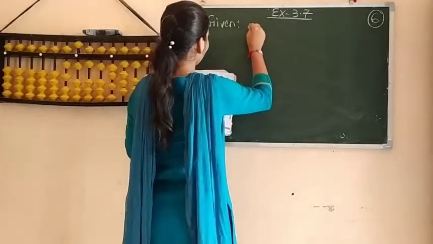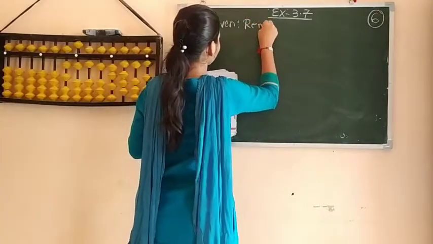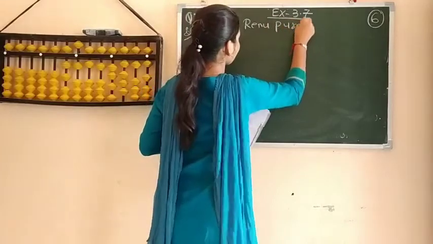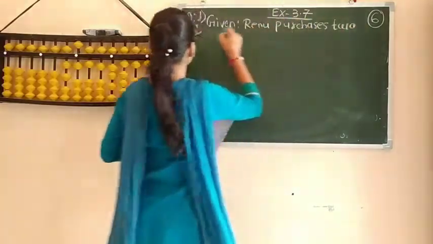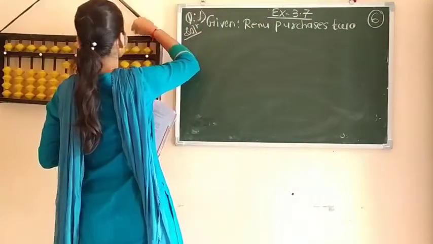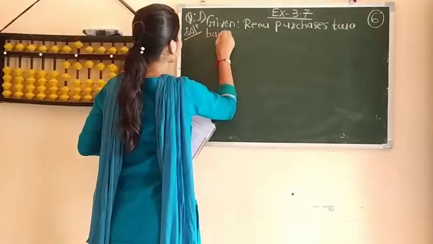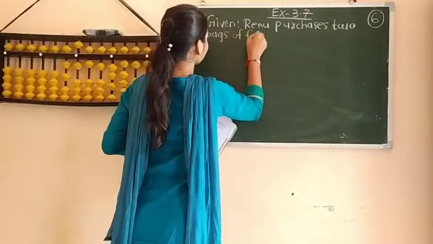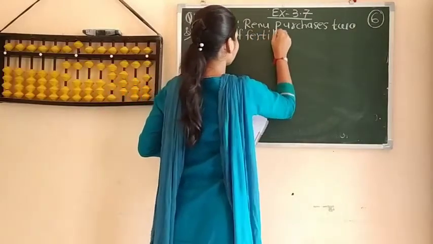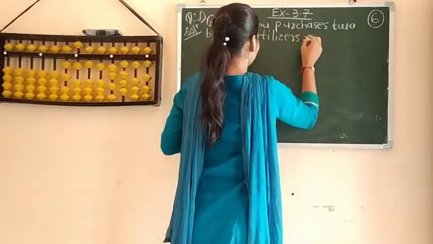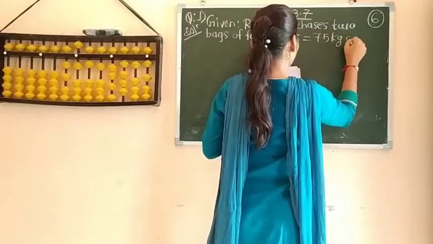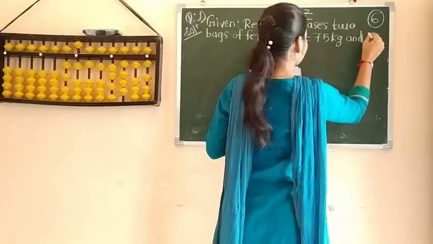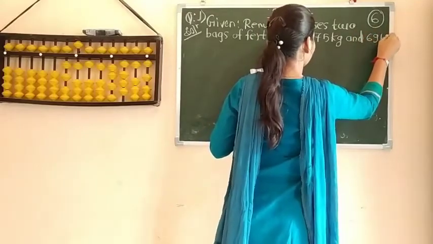So what is given here first? Renu purchases 2 bags of fertilizer, and their weights are 75 kg and 69 kg respectively.